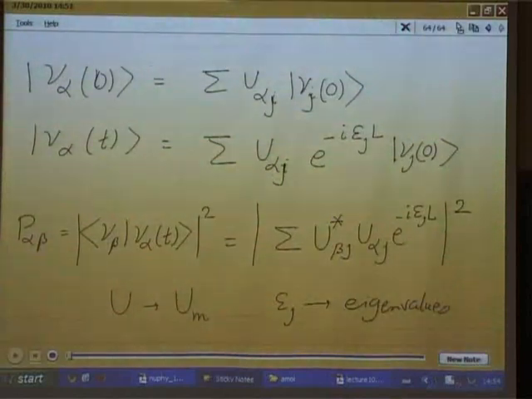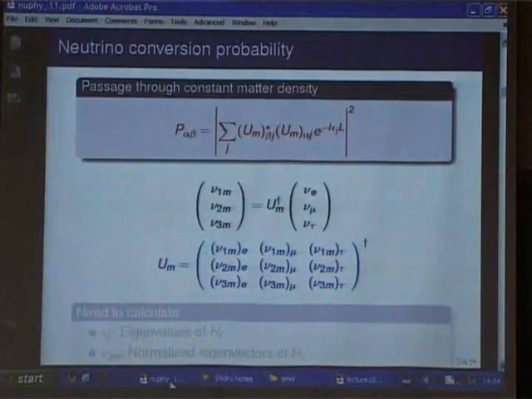Earlier eigenvalues were simply delta m square by 2E. Now they are going to change. Which means that once I calculate eigenvectors of HF, I know what is UN, because the mixing matrix essentially becomes the eigenvectors. Once I calculate eigenvalues, I know what is epsilon j.